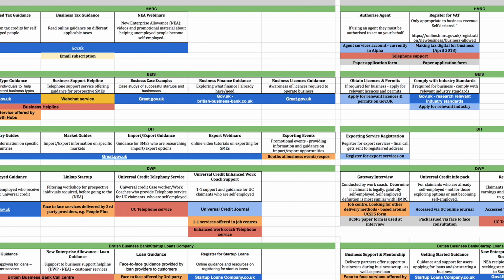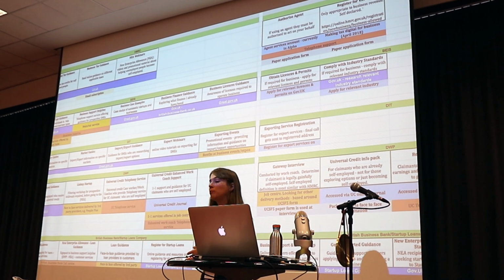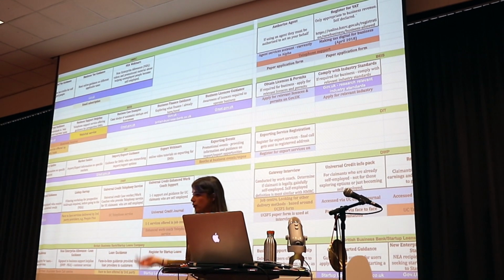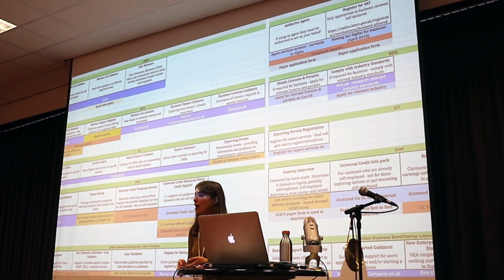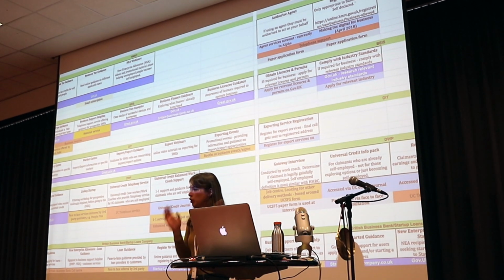So each organization would map all the transactions, all the guidance, all the contact centers that they deliver within the journey of starting a business. And this is really useful because it creates a collective and common truth within the community. You're able to spot where your organization fits within the wider context, in which bit of the journey of the user, and also what happens and which organizations are involved before and after what you provide.